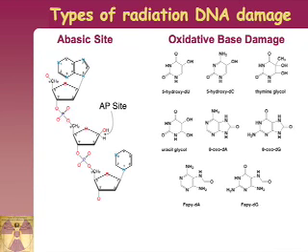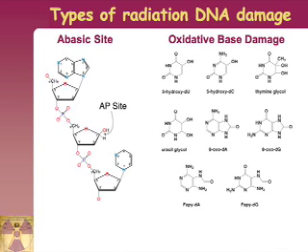And we show over here a number of the specific types of base damage which can be caused by radiation. These tend to be not a really major concern because for most of these specific lesions there are specific enzymes which can remove them from the DNA, reverse the lesions fairly efficiently. You can also get an abasic site where you actually lose the base, but again this can be relatively effectively repaired.